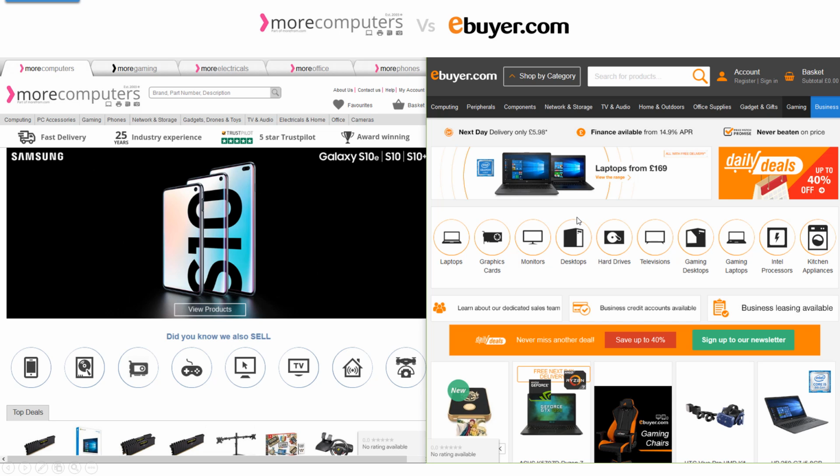Remember, these were both started at the same time, year 2000 for eBuyer and More Computers year 2003. But More Computers is certified by the Queen. And to me, I figured that would be worth something. But what it seems to be is any company that's certified by the Queen or the royal family or Her Majesty's government in the United Kingdom have very old school websites.